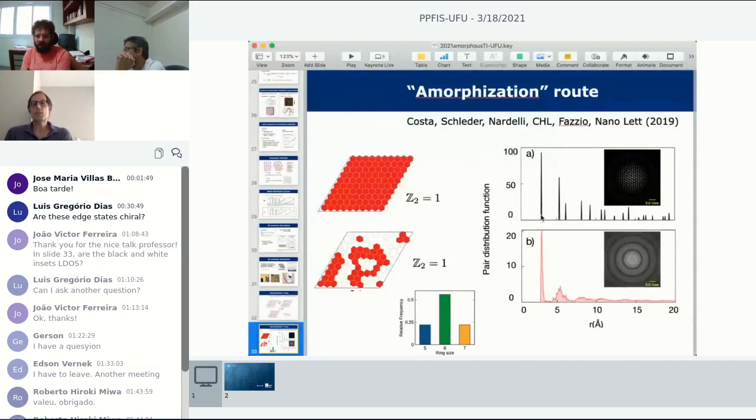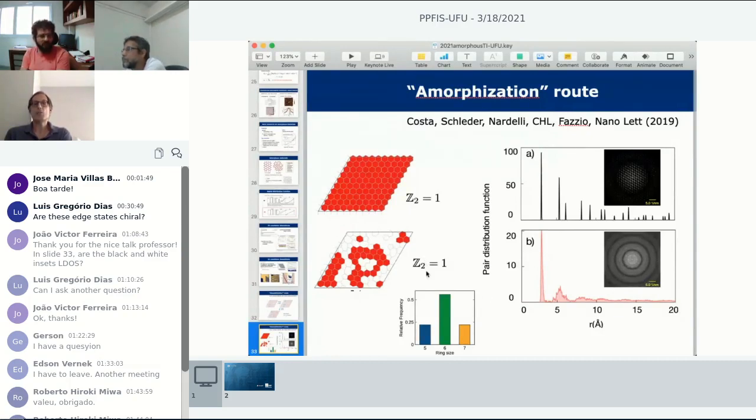You retain some information about the nearest neighbors, and then it disappears. If you have a perfect system, this would be your diffractogram, right? You see these Bragg peaks. And once you have this amorphous system, this is something else that people like to see. You lose this directionality, and you see these concentric rings, right?